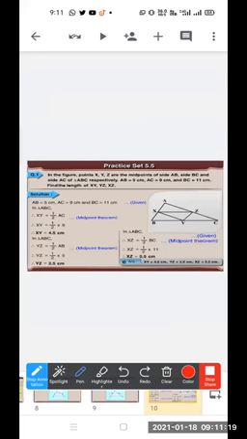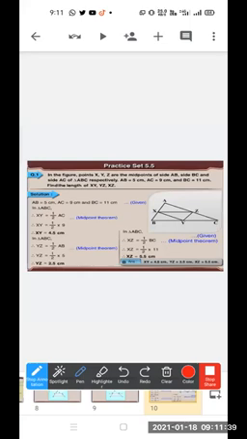See children, in the question it is given that these are midpoints. Whenever the word midpoint comes in the question, you have to apply the midpoint theorem. Please remember this.